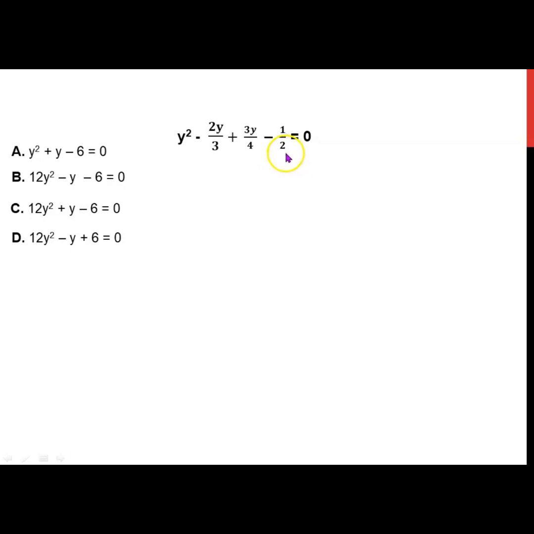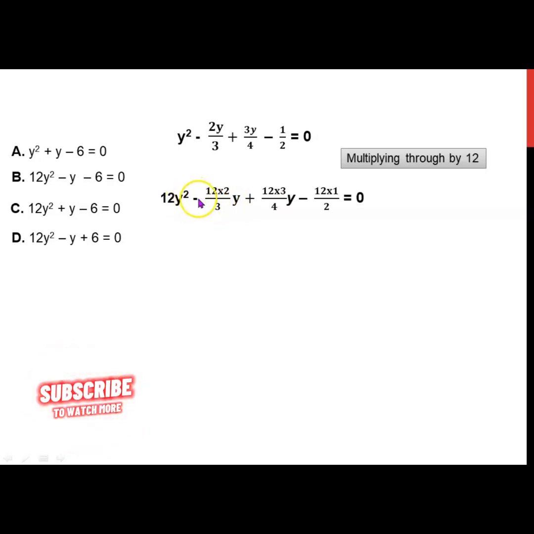So we multiply through by 12, because 12 is the LCM of the three numbers. The new equation will be 12y squared minus 12 times 2 over 3y.